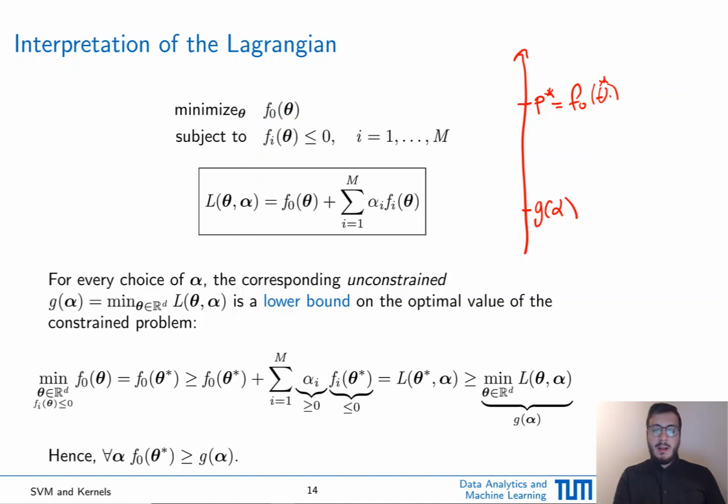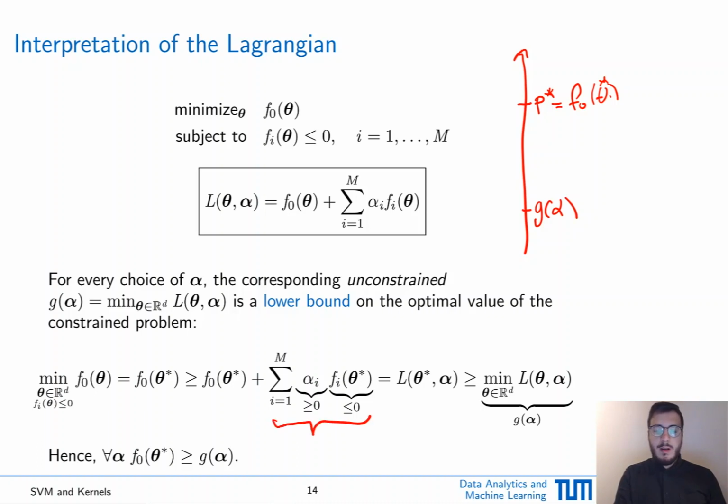This means that the value of fi of theta star is always less or equal than 0, because otherwise it wouldn't be a feasible point and it wouldn't be the solution to our problem. And the values of alpha i are by definition non-negative. So if we multiply a non-negative value with something which is non-positive, we together get a non-positive number.